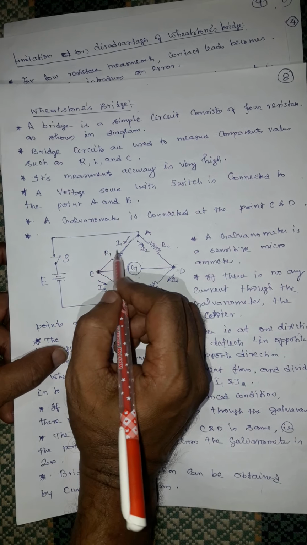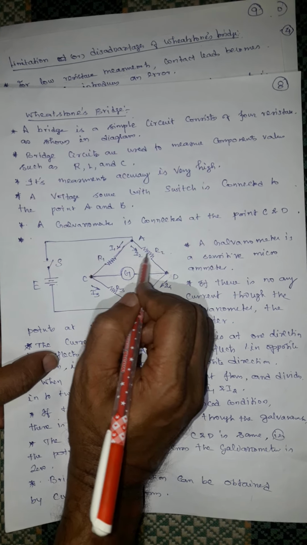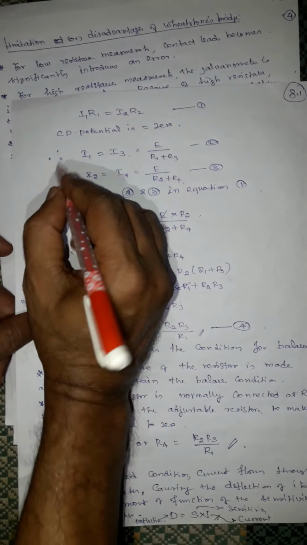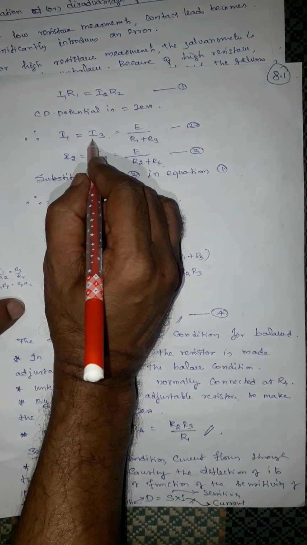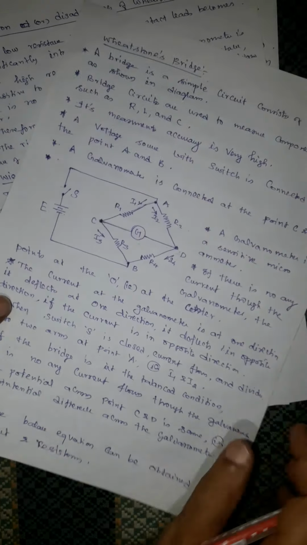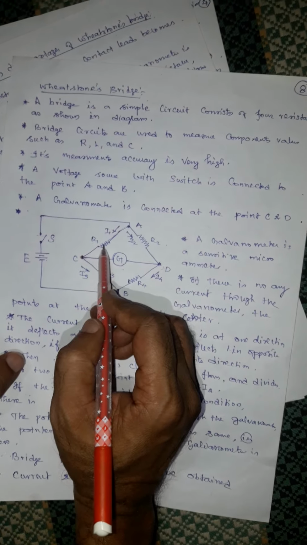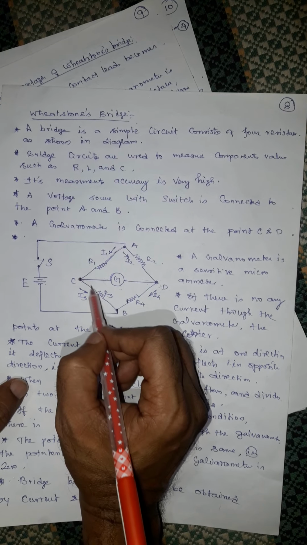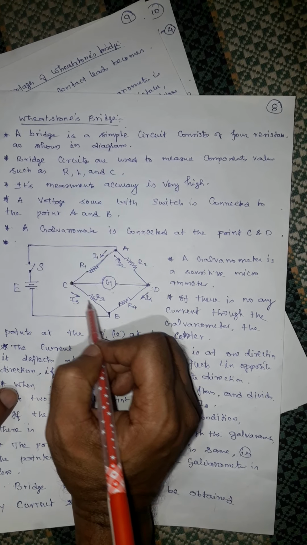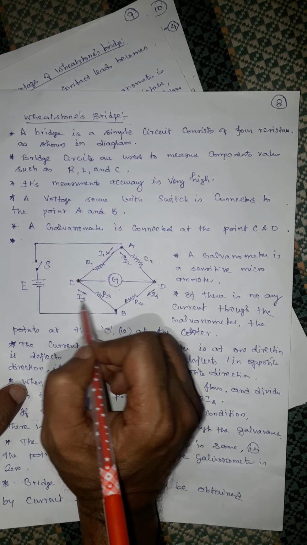So I1 R1 equals I2 R2, since the CD potential is 0. Also I1 equals I3, since there is no current through the galvanometer, the entire current flows through R3.